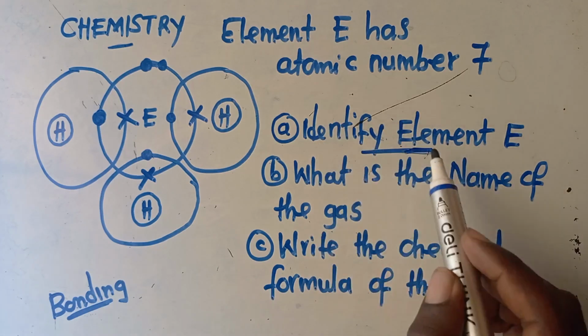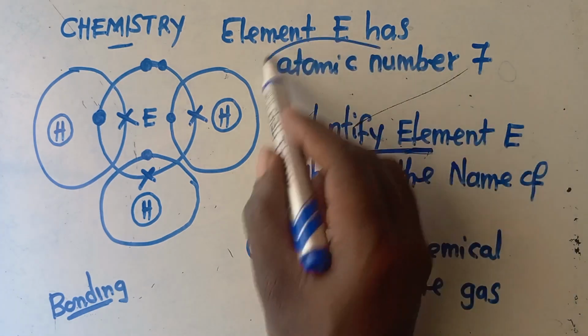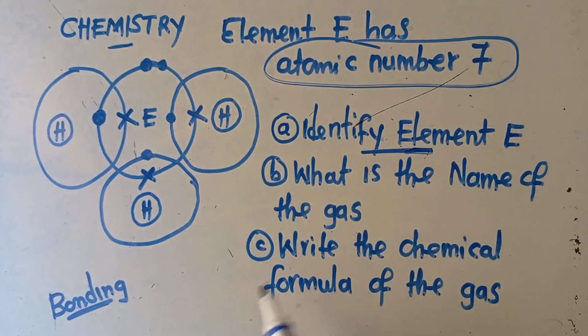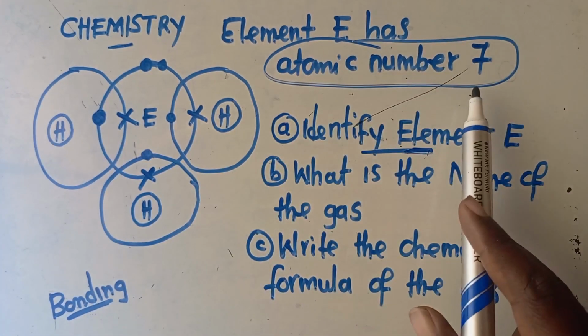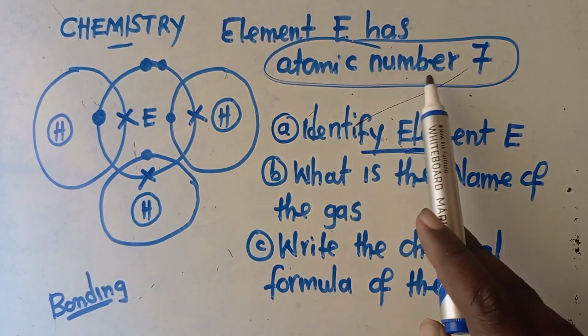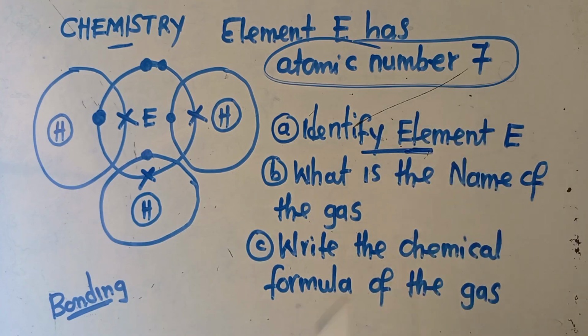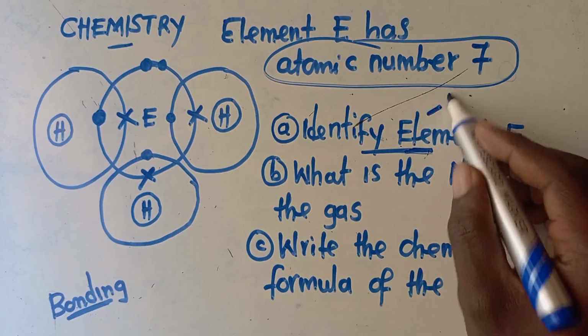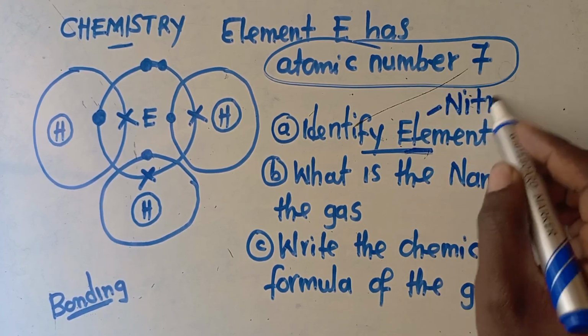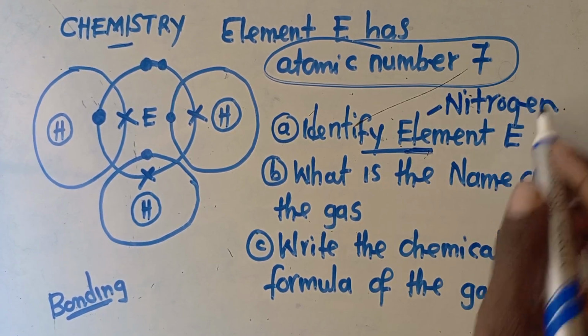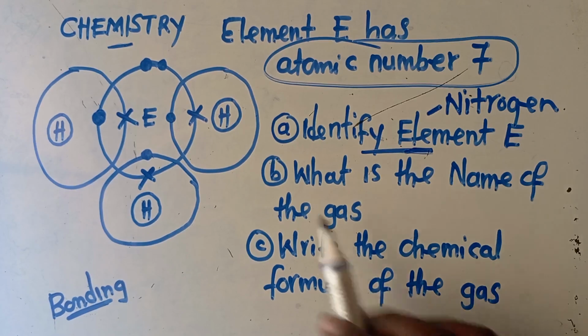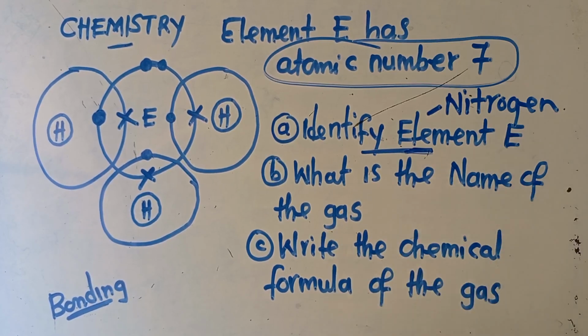Just this phrase, atomic number 7. The other name for atomic number is proton number. So proton number 7, you go on your periodic table and check the element that has proton number 7. You are going to discover that it is nitrogen. That is how you need to answer the question.